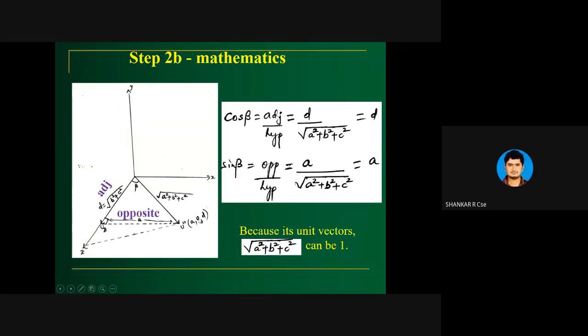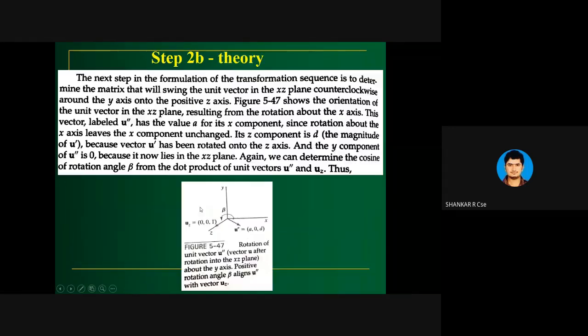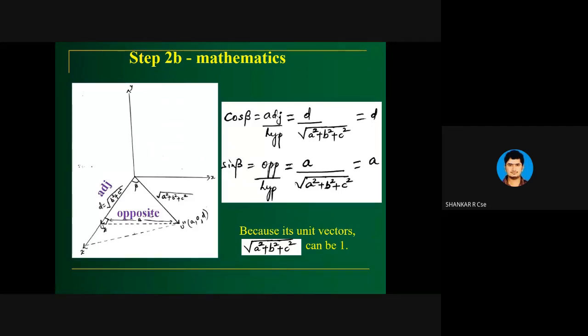Now let us talk about 0 first. This is x comma y comma z. Y is 0. If you remember, x was 0 earlier, because we rotated around x-axis. Here we need to rotate this arbitrary axis onto y-axis. That's the reason y is 0 here.